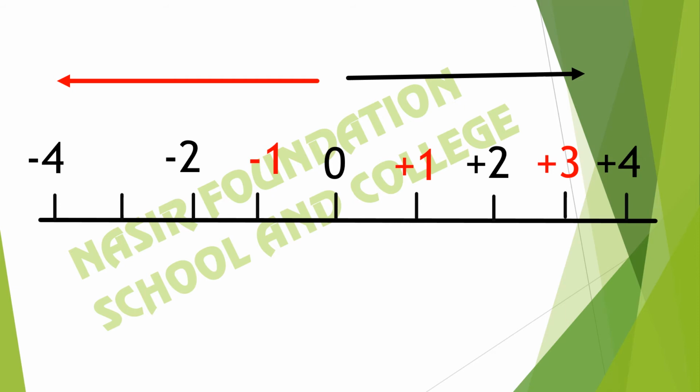Then it comes minus 2 and next number will be minus 3. After 2 it comes 3 and we will use minus with this number. And then next number will be minus 4. I repeat, we use plus sign if we are moving towards the right side of 0 and we use negative sign or minus if we are moving towards the left side of 0.